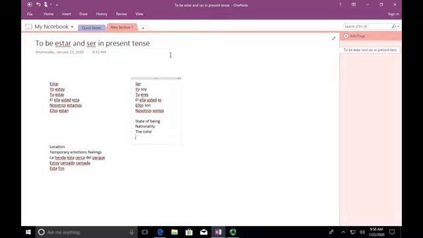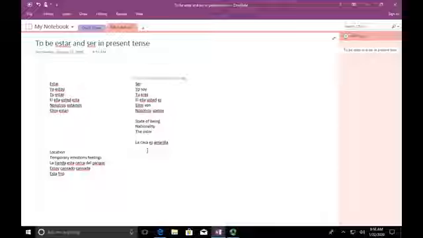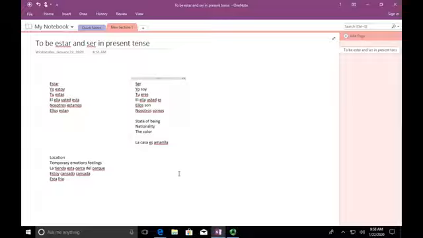So let's look at some examples. If you want to say the house is yellow, you would say la casa es amarilla. You would use es here because the house having a color is a state of being that won't change unless they want to paint the house.